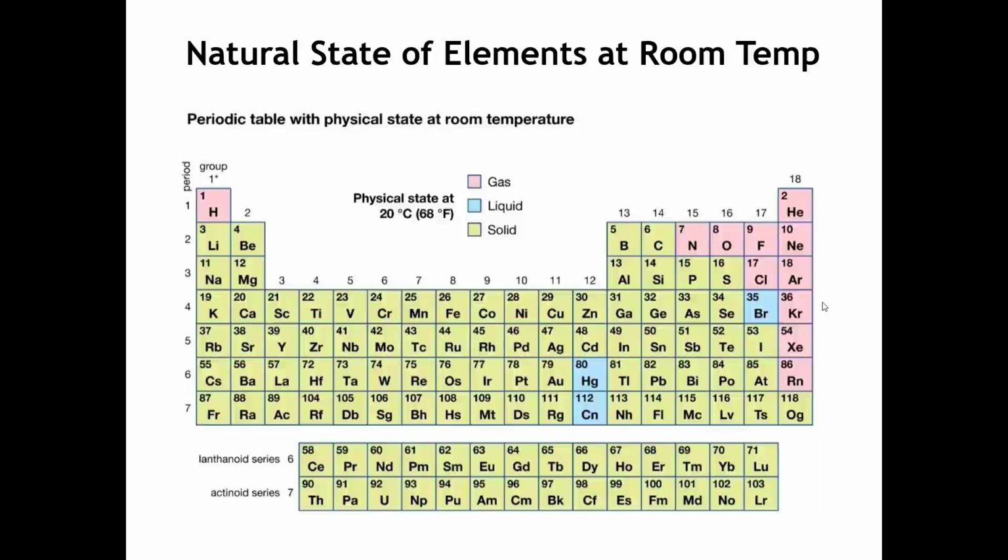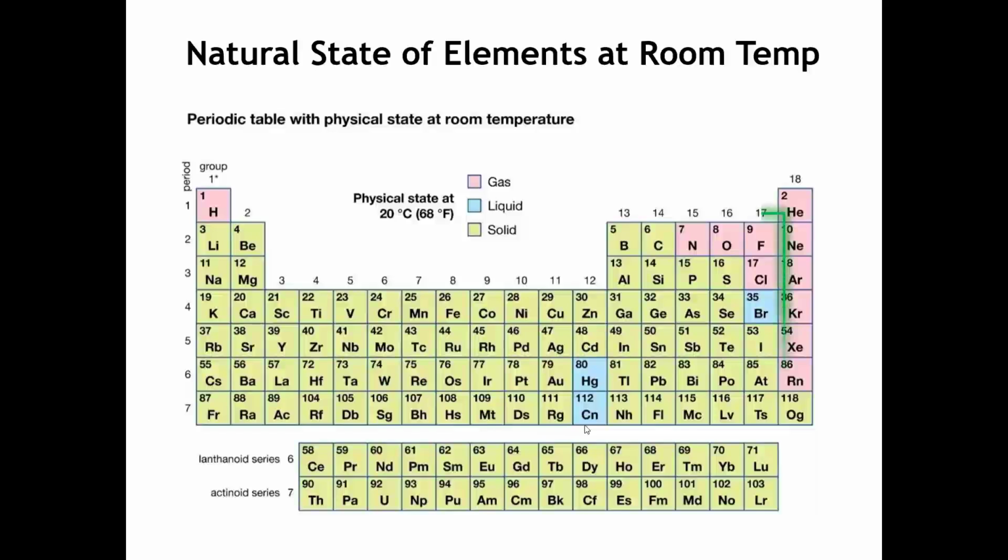Of the commonly found elements, we only find two that are liquids at room temperature and pressure: bromine and mercury. This one here, Copernicium, element 112, is only made in a particle accelerator, and I doubt that actually enough atoms of this have ever been made to really make a proper liquid. So I bet that's a prediction of theory.